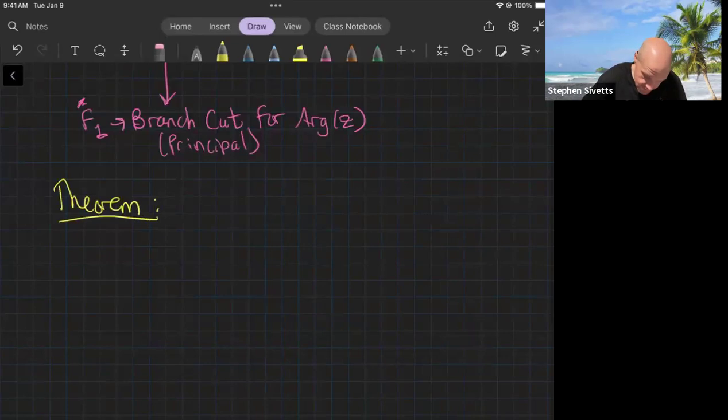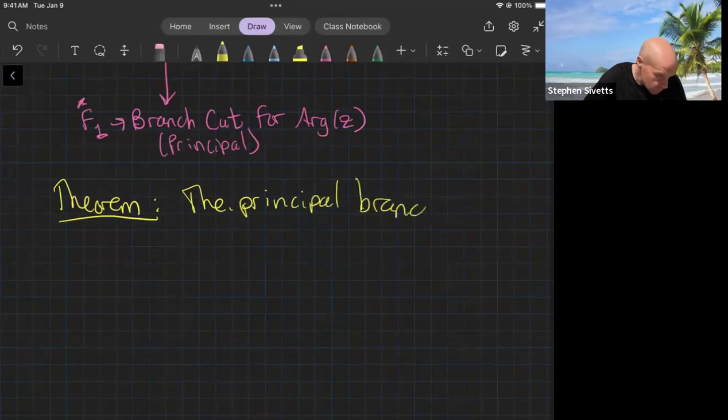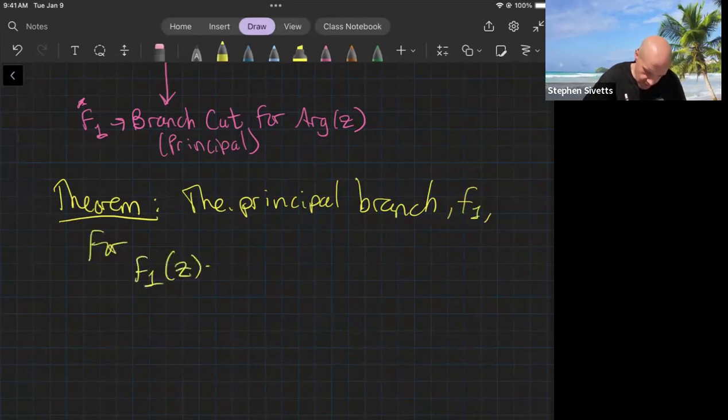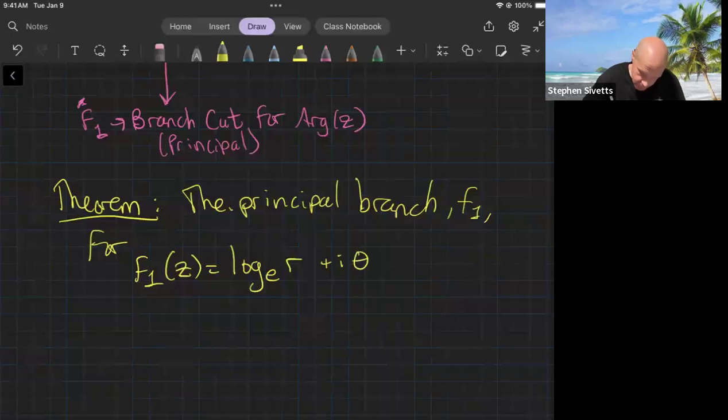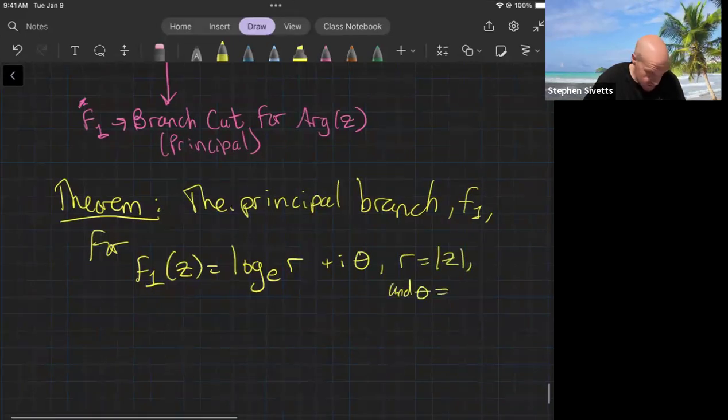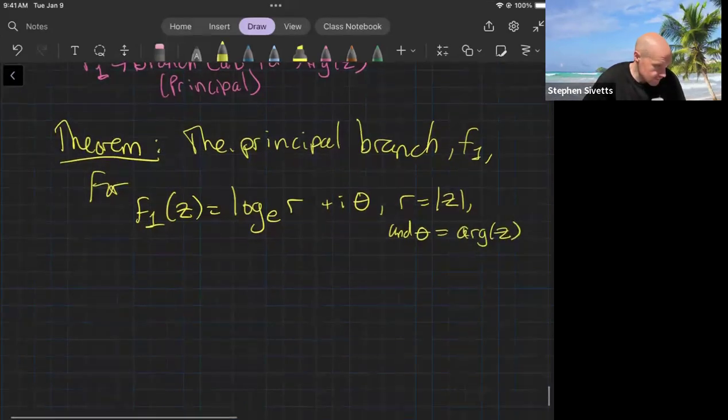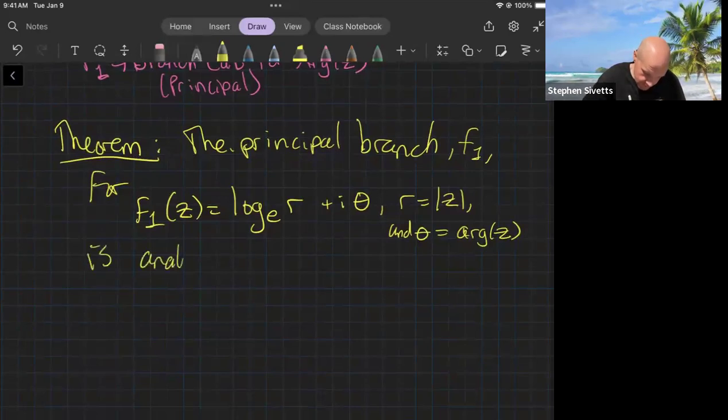Another theorem to write down is that the principal branch F1 of z, which they label as log base e of r plus i times theta, where r is equal to the length of z and theta is just the argument of z, is analytic.